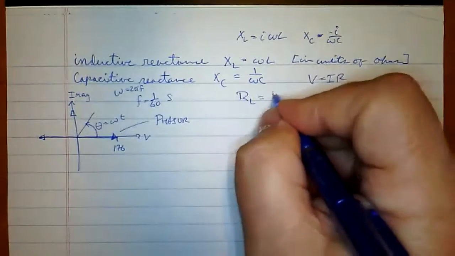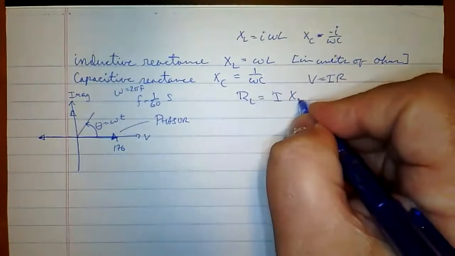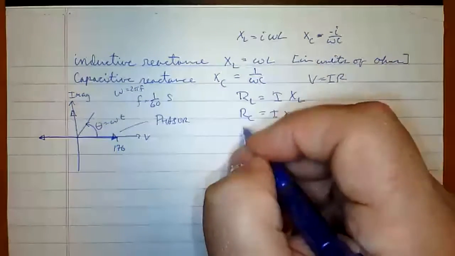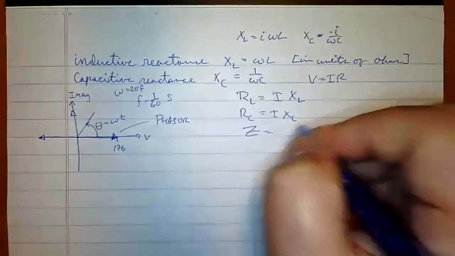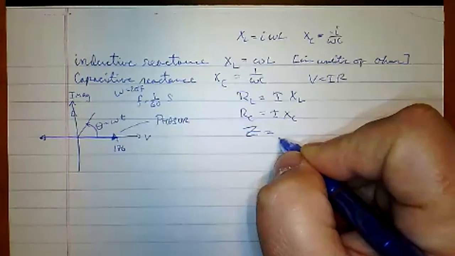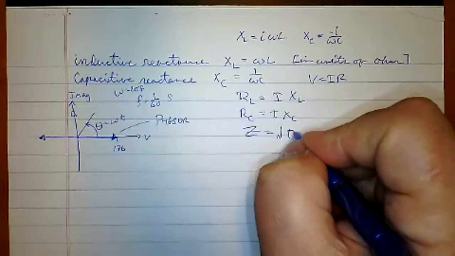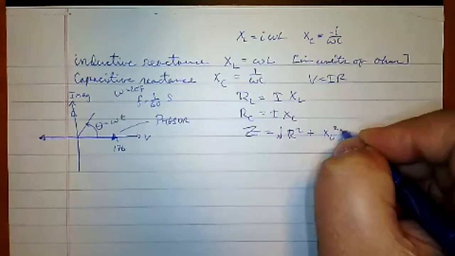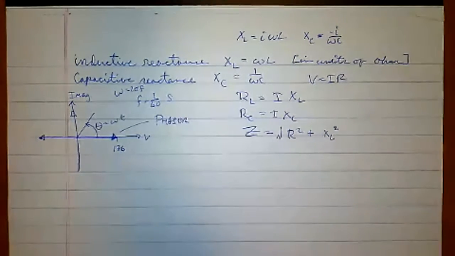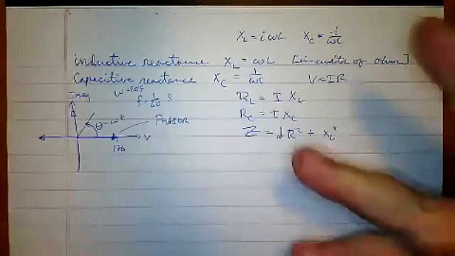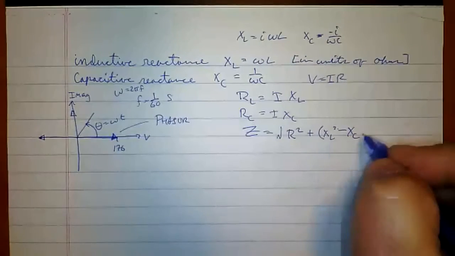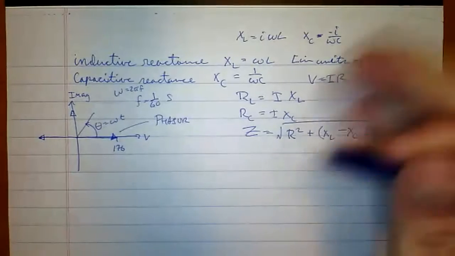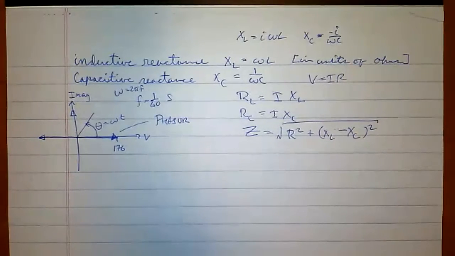So V sub L would be I times X sub L, and V sub C would be I times X sub C. And then the total resistance, Z, is actually a weird thing that turns out to be the square root of R squared plus X sub L minus X sub C, excuse me, I got ready to square it first. X sub L minus X sub C quantity squared. And that's sort of your thing that really limits your current, not the resistance itself, but all that junk.